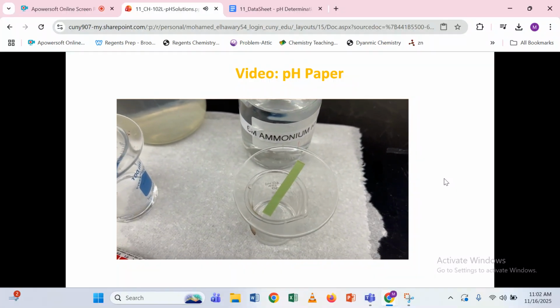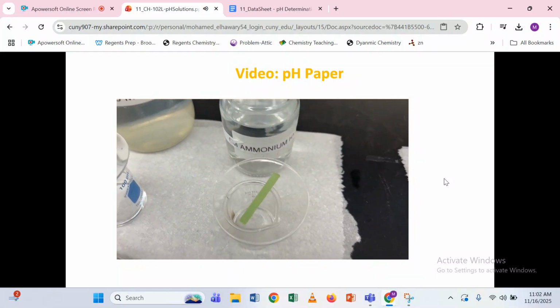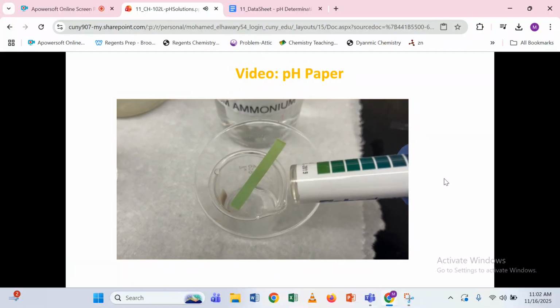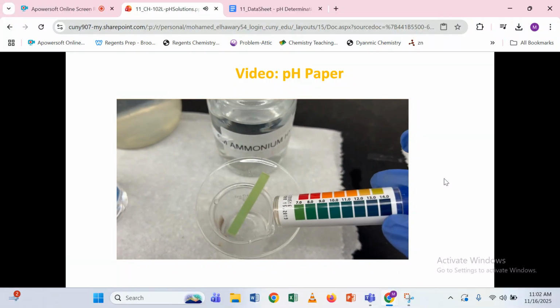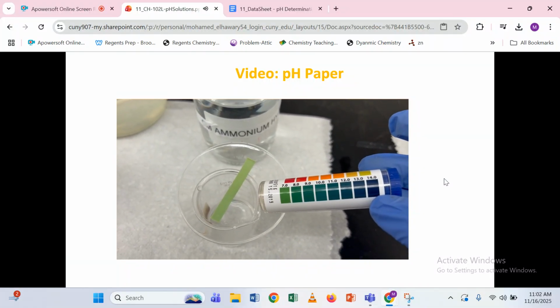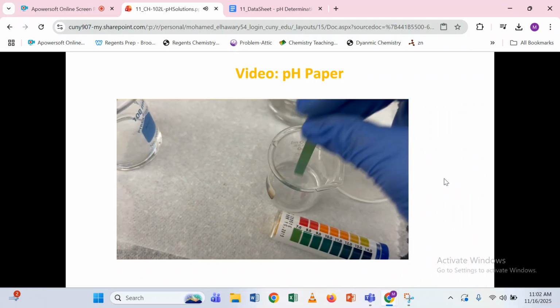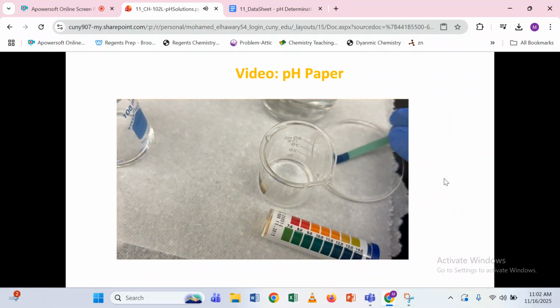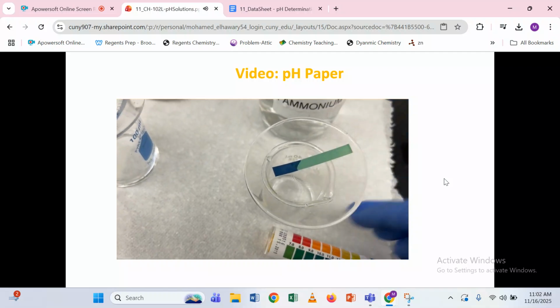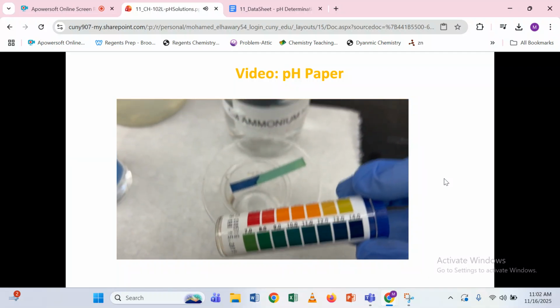Next up, we got the pH paper for ammonium hydroxide. We're going to dip it. Oh, and it's already there. It's green. Green, but you gotta dip it first to see. Oh, look at that. It is blue, and it's less blue.